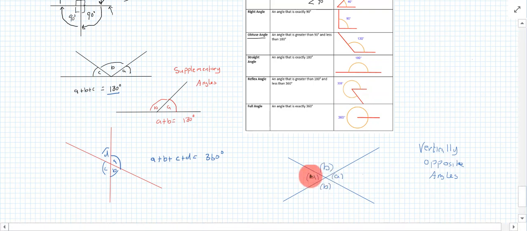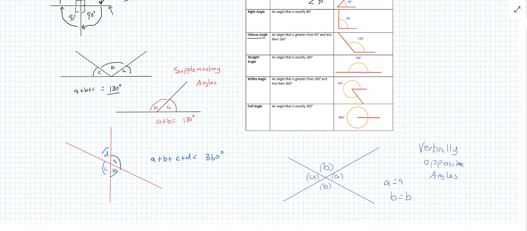These two angles A and A are equal to each other. This angle and this angle are vertically opposite, and they're going to be equal to each other. If you add them all up, they'll be equal to 360 degrees. So A is equal to A and B is equal to B. Whatever A is, if it's vertically opposite, it's going to be equal to it.